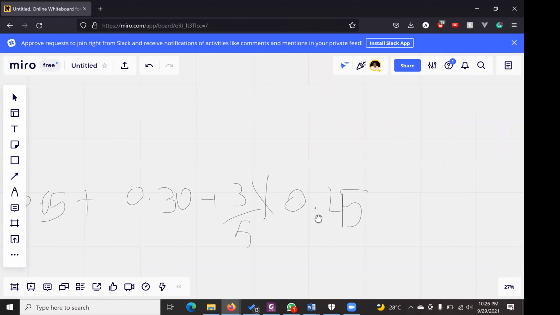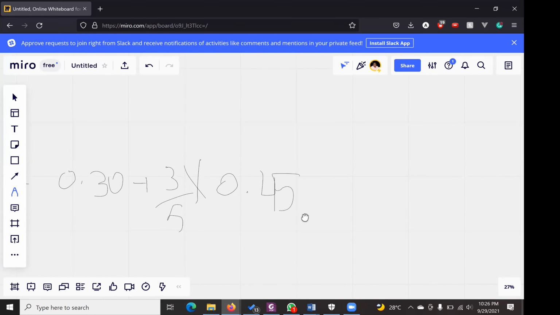They gave us the fractional error in Z. To find the fractional error in Z to the 3/5, we have to multiply 3/5 times the fractional error in Z.